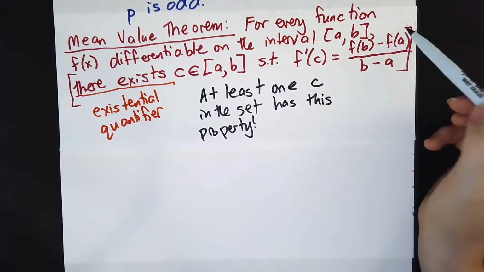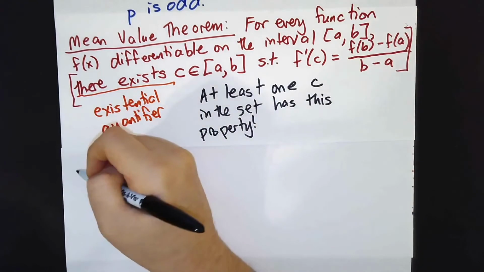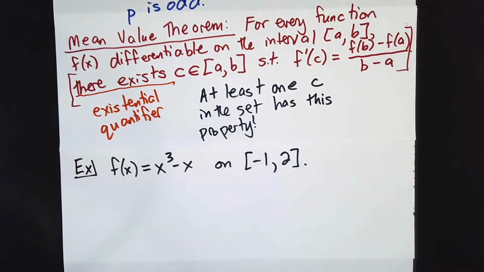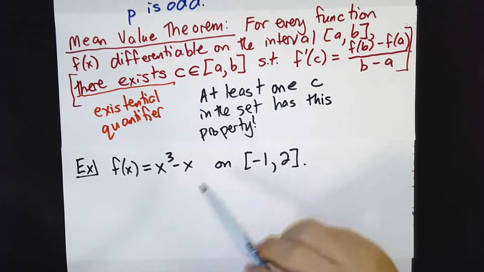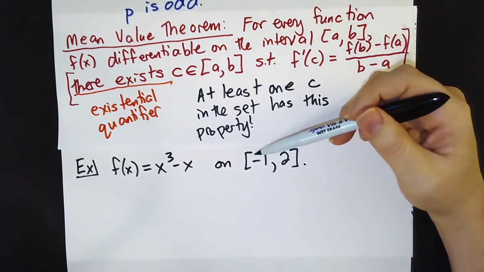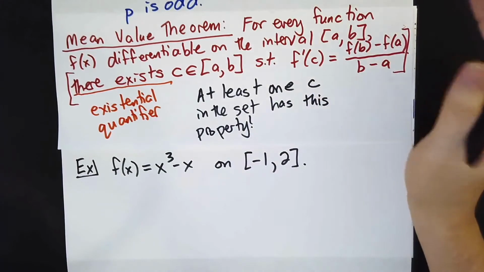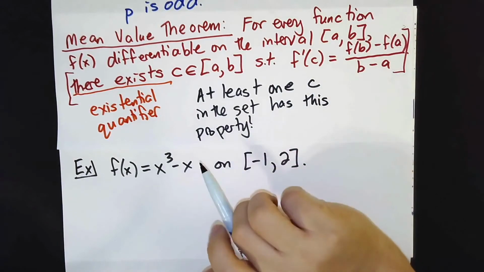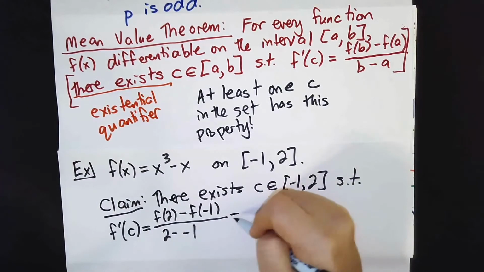So let's just do an example of applying the mean value theorem, just so we can make sure we understand what this is saying. So let's take the function x cubed minus x. That's certainly differentiable on the interval minus 1 to 2. It's a polynomial, so it's differentiable everywhere. And so what we're claiming here is that there exists some c in this interval, such that f prime of c is equal to whatever this works out to be.